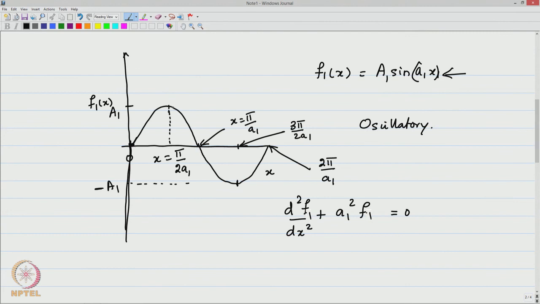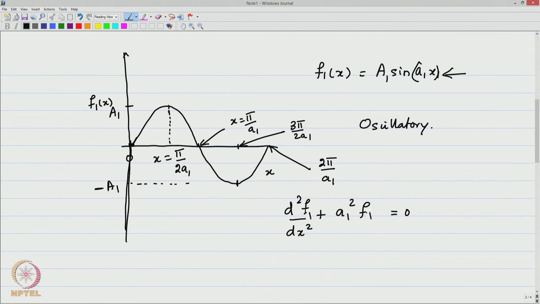The integral is the area of this function, and you can see that the area under the first half of the interval 0 to pi by a1 is positive, and the integral in the second half is negative. Therefore, over a full cycle the integral is 0.